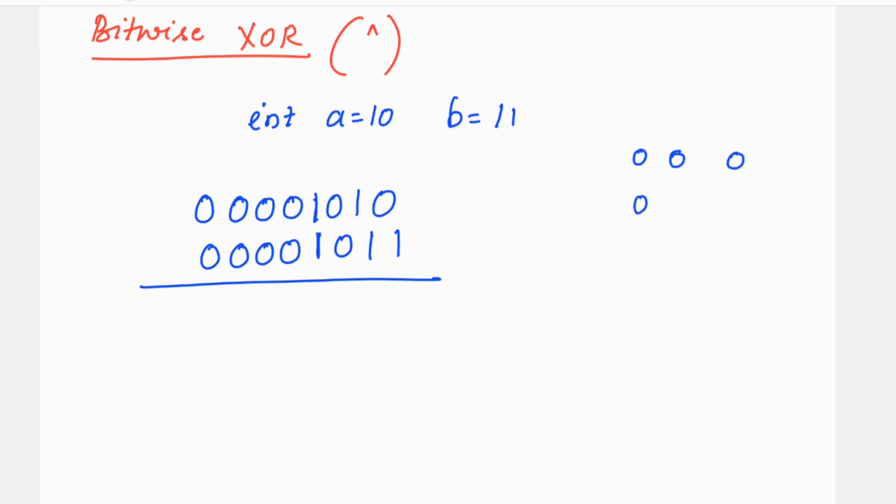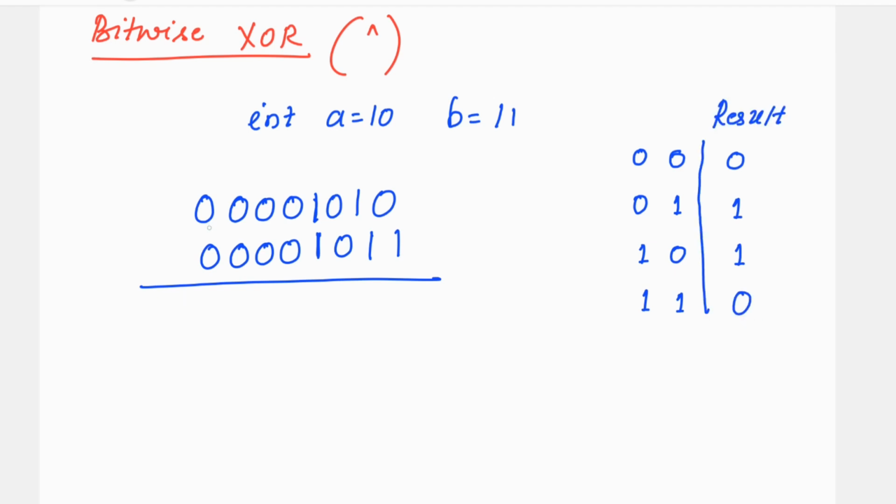If the bit of the first operand is 0, the corresponding bit of the second operand is 1, then the result is 1. If the bit of the first operand is 1 and the corresponding bit of the second operand is 0, then the result is 1. If the bit of the first operand is 1 and the corresponding bit is 1, then the result is 0.